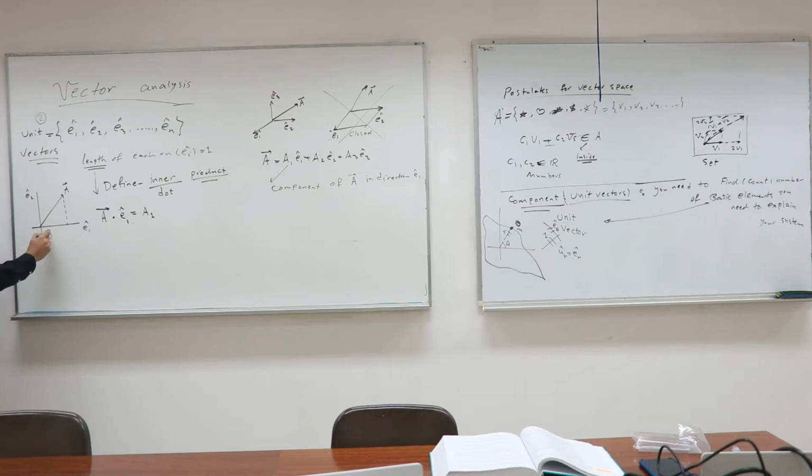This is the projection, normal projection. So the projected length is A1. This is called the component of the vector in direction of the E. And you can make the projection differently and get A2. And if you have 3 axes, you can do that for 3 axes. I don't want to make it for 3 axes.